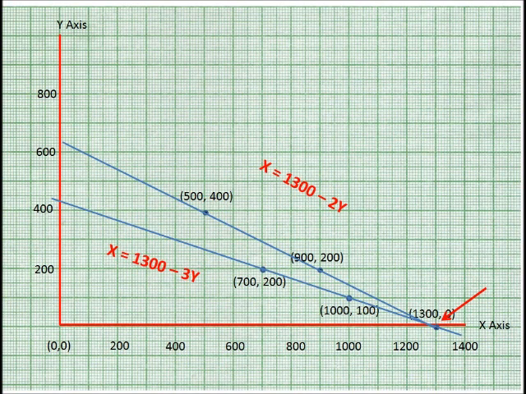So this second line represents the equation x is equal to 1300 minus 3y, and the first line represents the equation x is equal to 1300 minus 2y, and 1300, 0 is the intersection point as shown by the arrow.